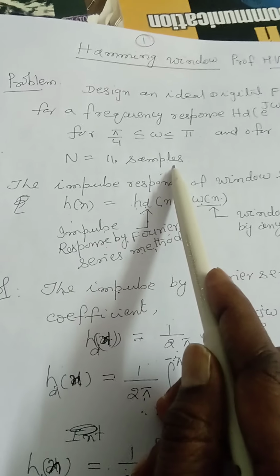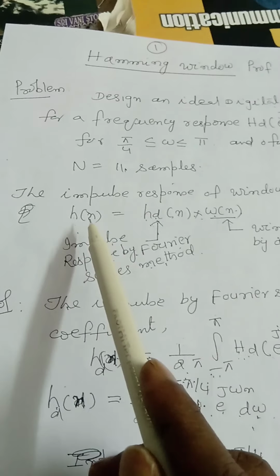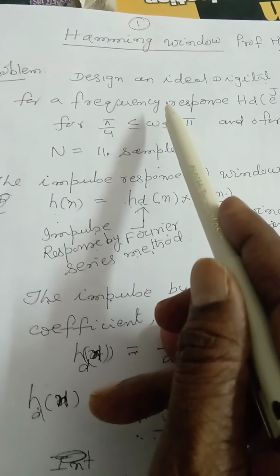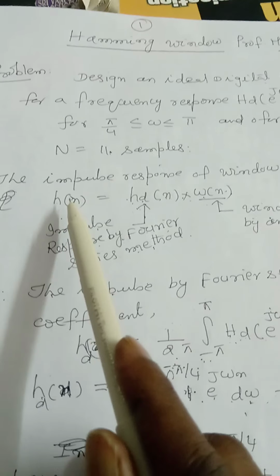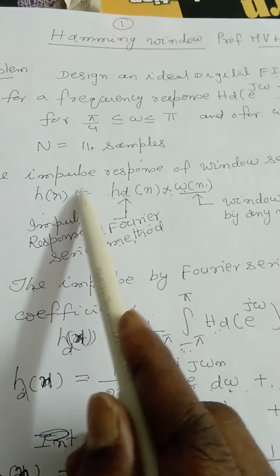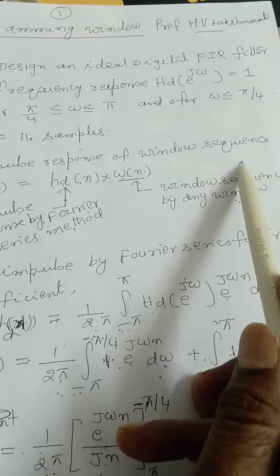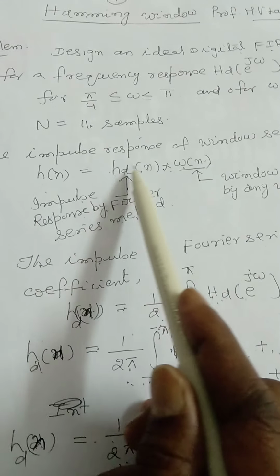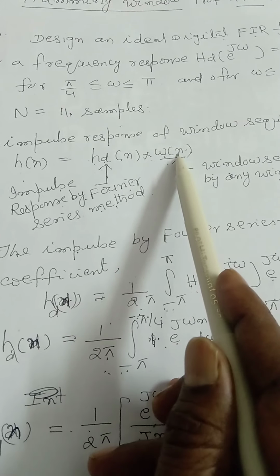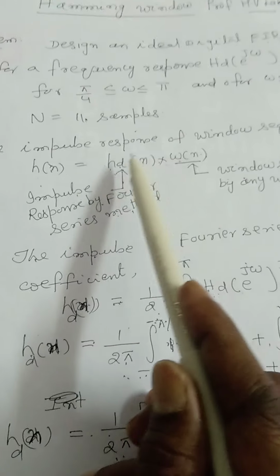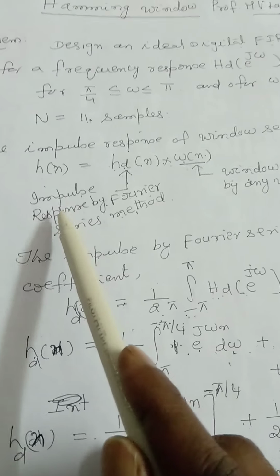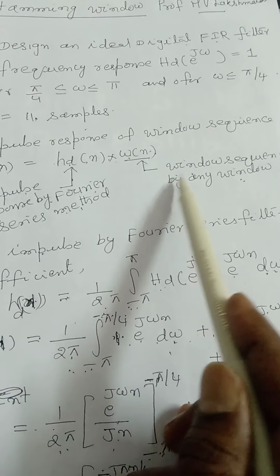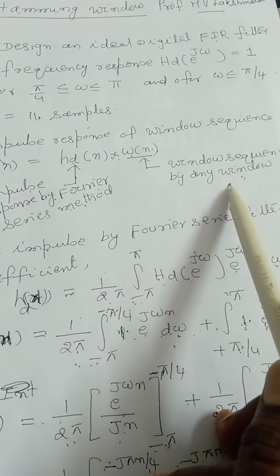First of all, we need to solve for the impulse response of the given equation, that is h of n. The impulse response of the window sequence, h of n, is equal to hd of n into w of n, where hd of n is the impulse response by the Fourier series method, and w of n is the window sequence by any window technique.